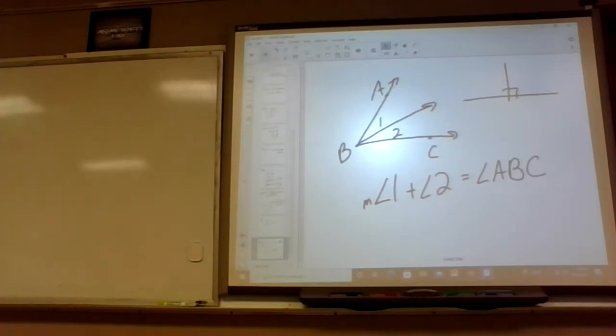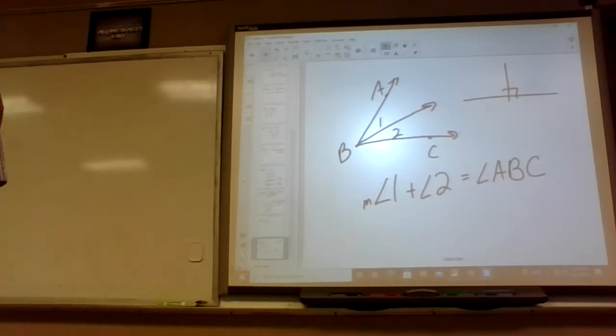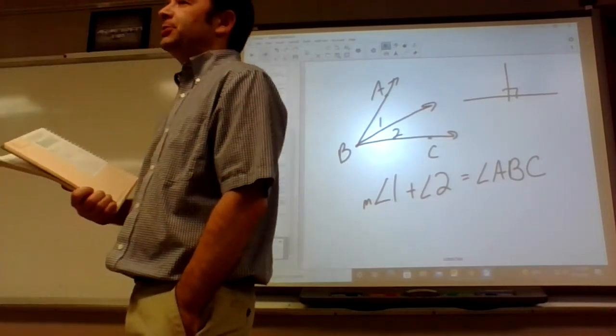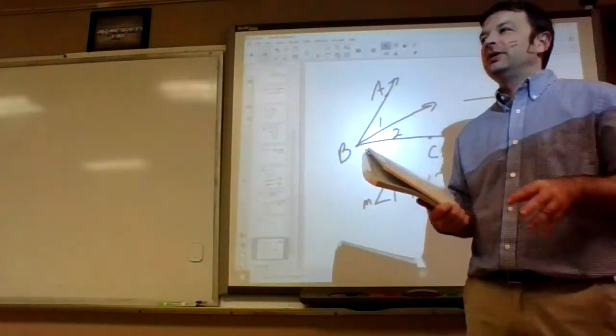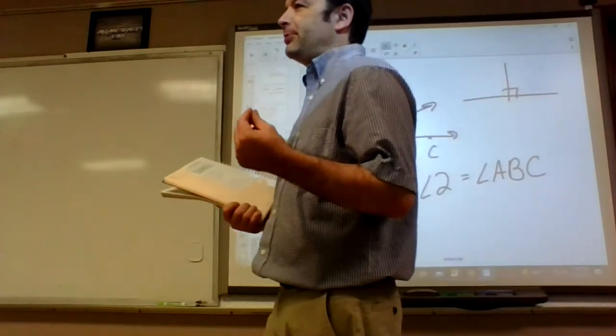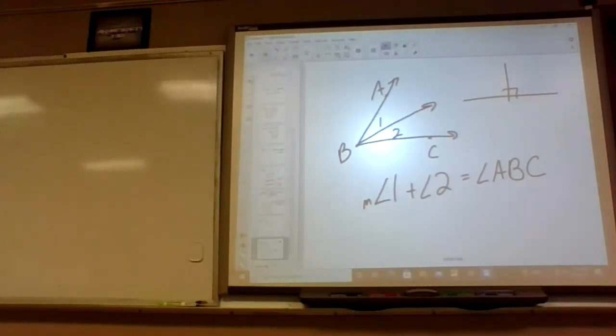For number 7. Vertical angles are always congruent. Well, number 7, name 2 angles that are supplements of angle FGE. So, supplement means what? Adds up to 180. Remember, 2 angles that make a line together, a linear pair, should add up to 180.